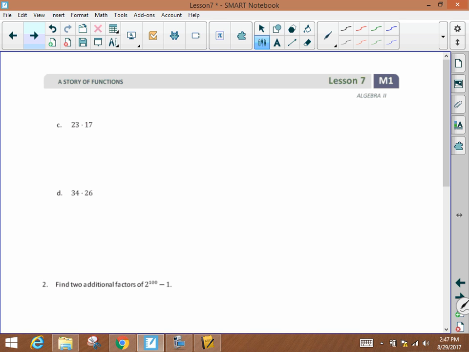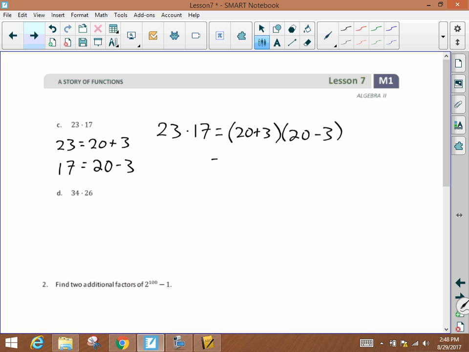So I can express 23 as 20 plus 3, and then I can express 17 as 20 minus 3, which means that 23 times 17 is equal to 20 plus 3 times 20 minus 3, which is 20 squared minus 3 squared, which is equal to 400 minus 9, or 391.